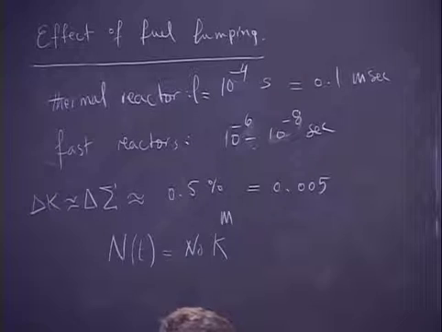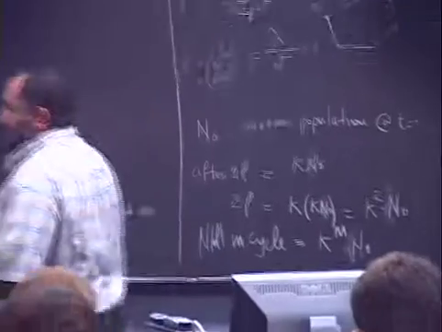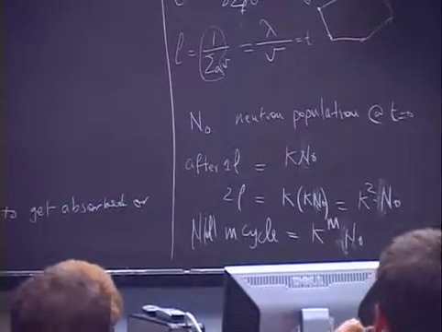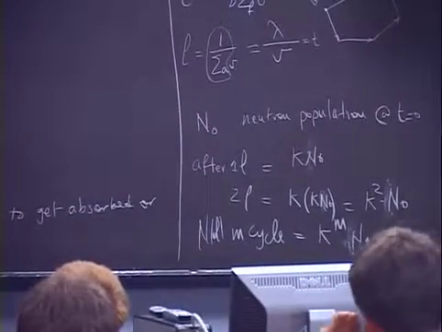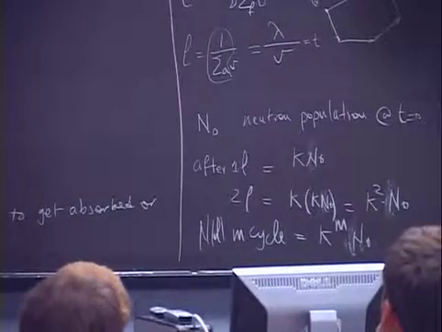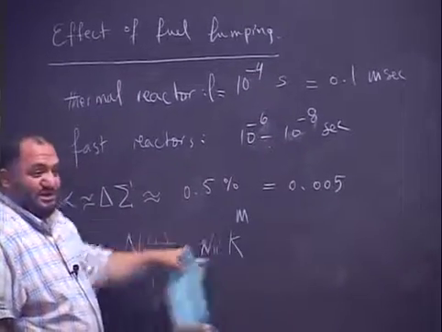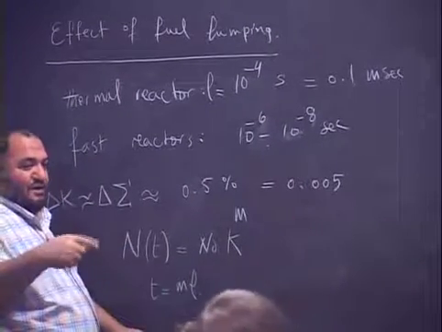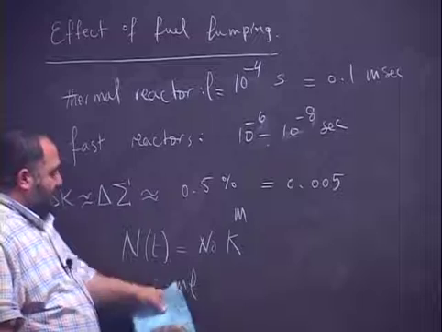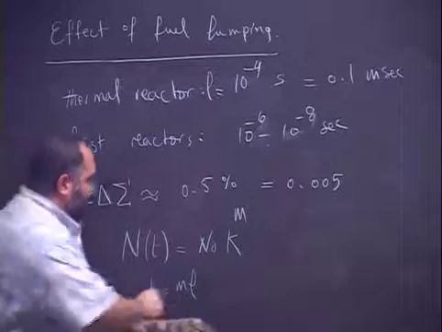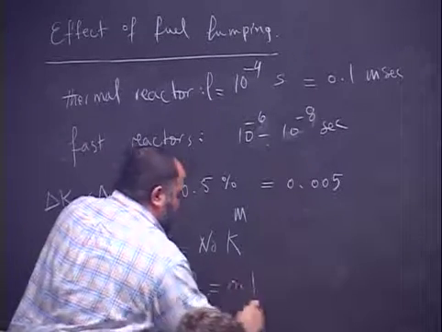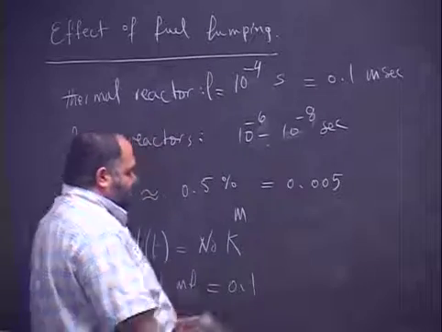This is N after M L time, where time equals M multiplied by L. This M here is how many cycles, how many lifetimes. So let's assume that T equals M L, and let's assume that this time is just 1.1 second.